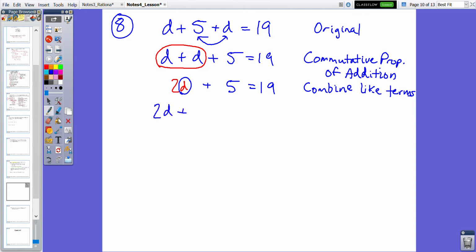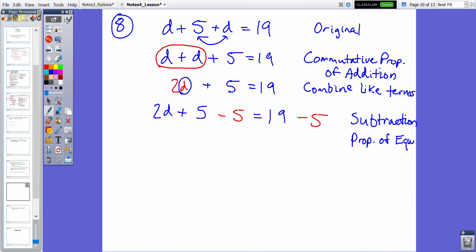And the only way to do that is by subtracting 5 from both sides. So I'm going to subtract 5 here, and I'm going to subtract 5 on the right side as well. That's an important part of solving equations, is that I subtract 5 from both sides of my equation. Okay, and this is what we call the subtraction property of equality.